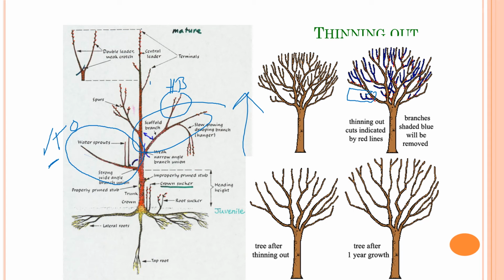So after 1 year, we have the same tree, but the tree is growing much, much longer than before. So you can see this is the same branch here. It grew taller. There you go. So in this case, these branches become taller because of what we did before.